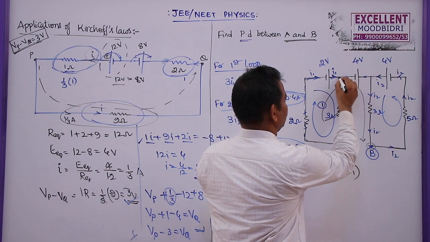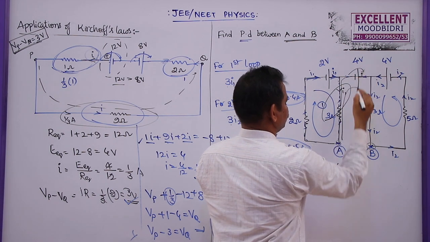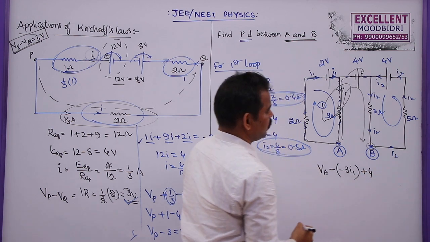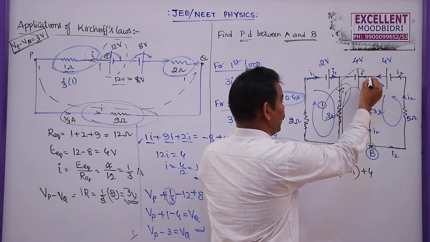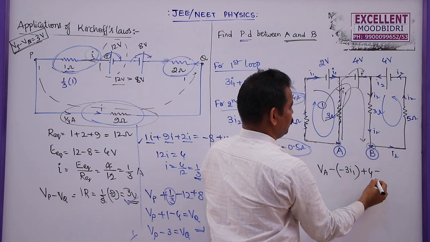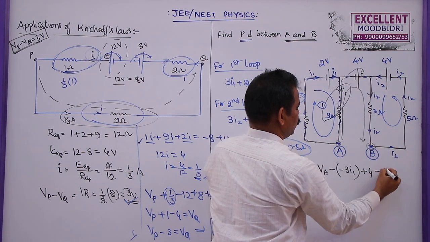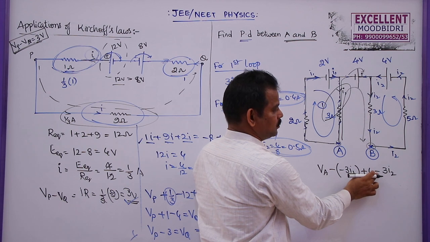And then after moving to this one, I am jumping to plus 4. So I can take plus 4 here. Now I am moving from top to bottom, and the current is also moving from top to bottom. So this will be minus 3I2. The potential drop here will be 3I2. This is the drop. Drop is always considered negative.